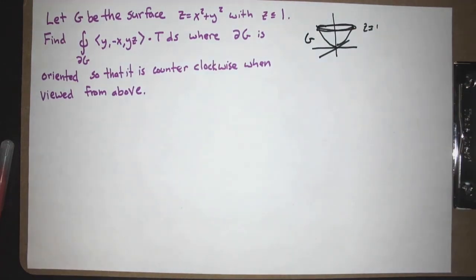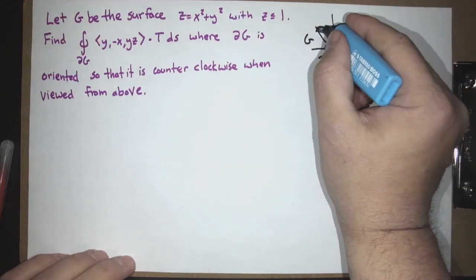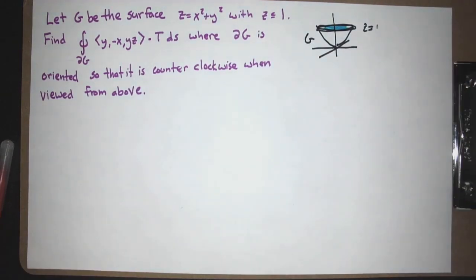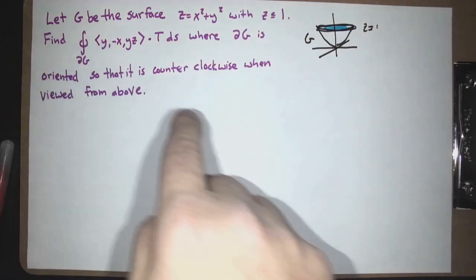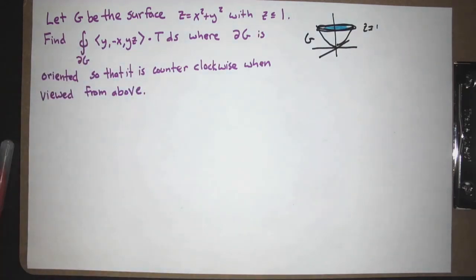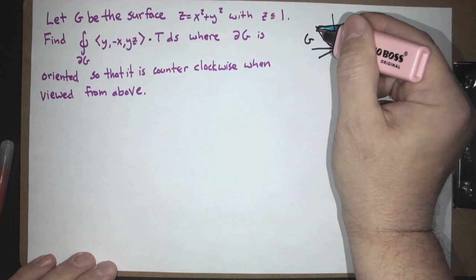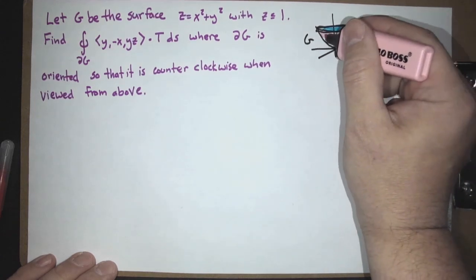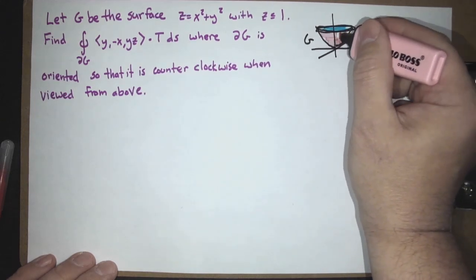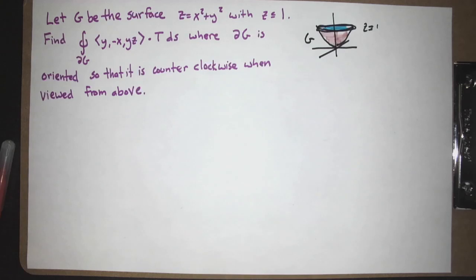And we're asked to find the integral along the boundary of G, so along the rim of the bowl, of (y minus x, yz) dot T ds, where the boundary of G is oriented so that it is counterclockwise when viewed from above.